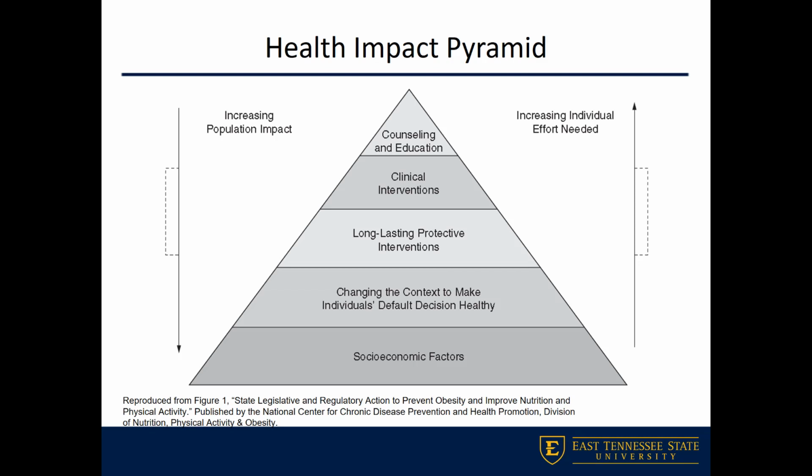It also keeps smoke off of our campus, which keeps us all healthier. If the options for lunch are healthy and cheap, that makes it easier to make that default decision be the healthy decision. Less effort on the individual.